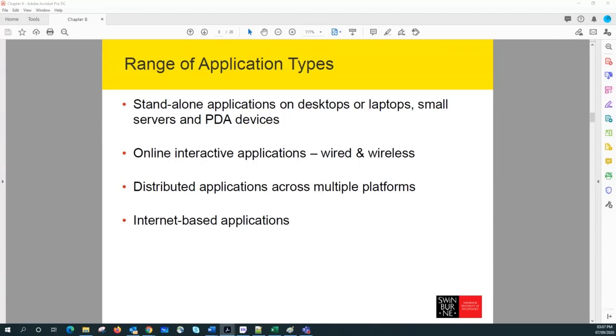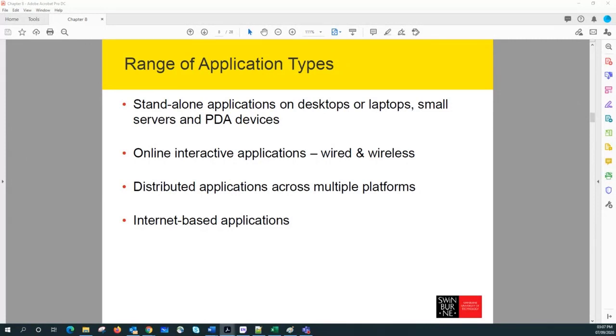We may have applications which operate on standalone machines like desktops, laptops, small server computers, or handheld devices, and sometimes applications operate in a multi-user environment through web servers and then through networks. Then we have online interactive applications, which can operate on a wired or wireless basis. So the complications are there.